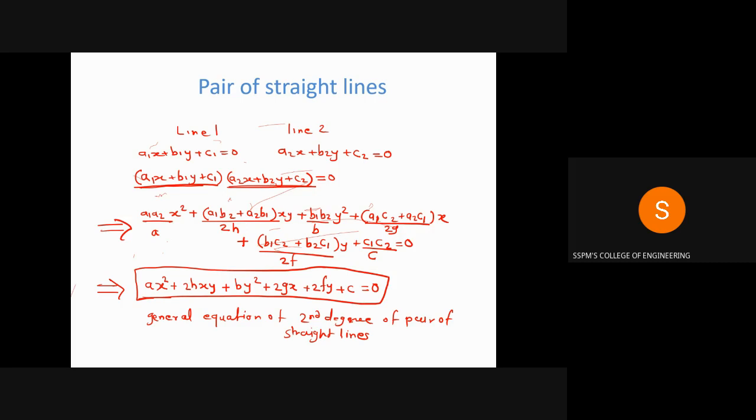Suppose you are given two equations like this. First line is 3x plus 2y minus 1 is equal to 0. This is line 1, and the second line is 4x minus 3y minus 7 is equal to 0.